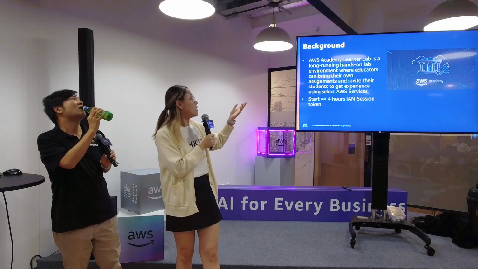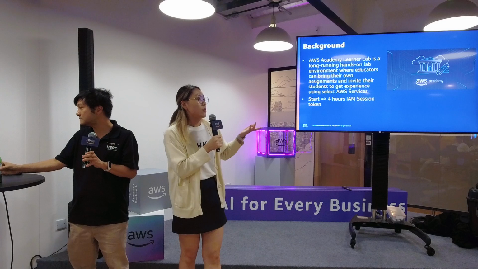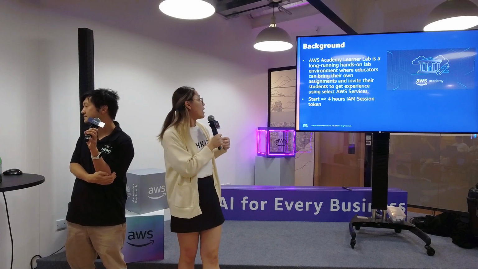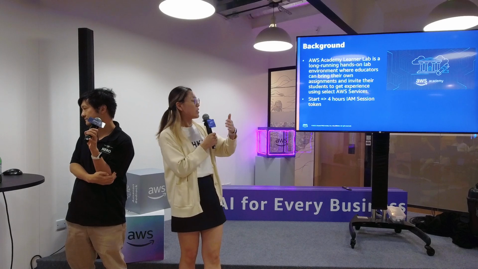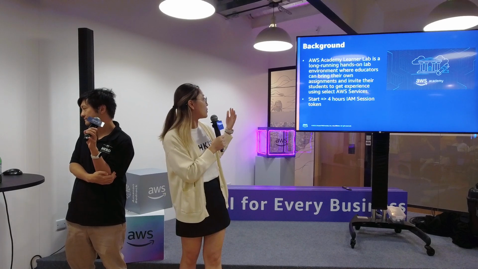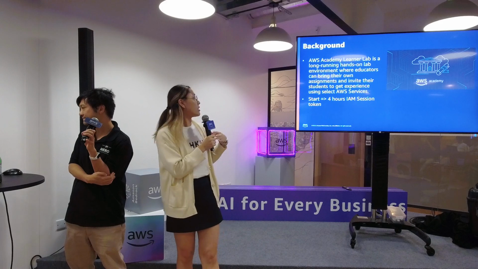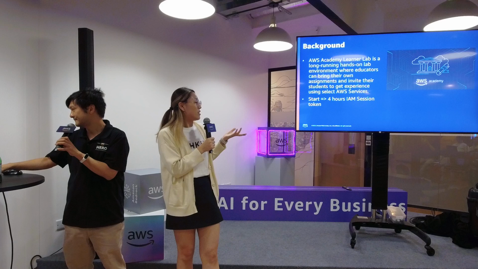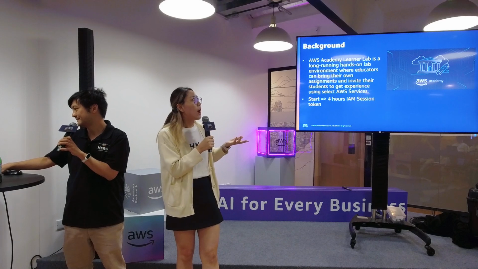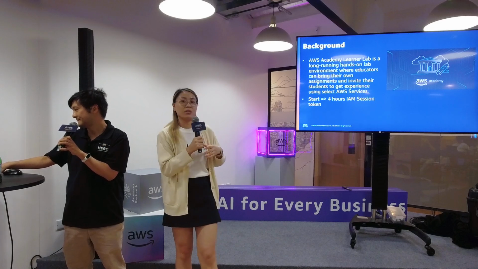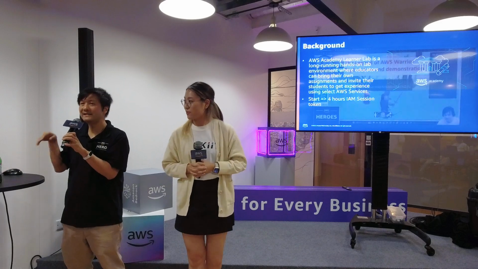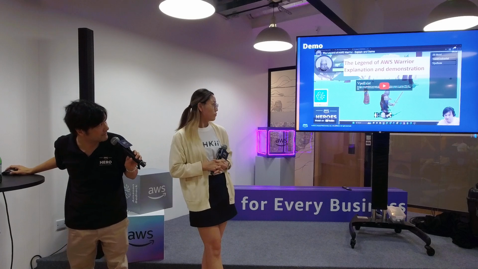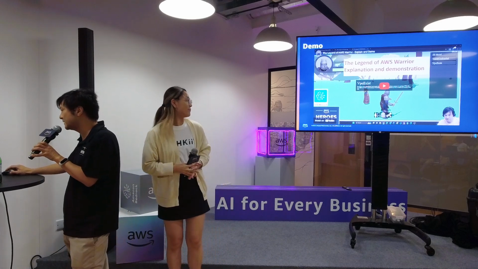They can use the Learner Lab to bring lots of things, or lots of systems for our students to use, and also bring their assignments and invite their students to get more experience using AWS services. It starts for free with a 4-hour session token. It means that every time students start the lab, they have 4 hours to try the lab. Let me show you the demonstration, and then I will explain the architecture.